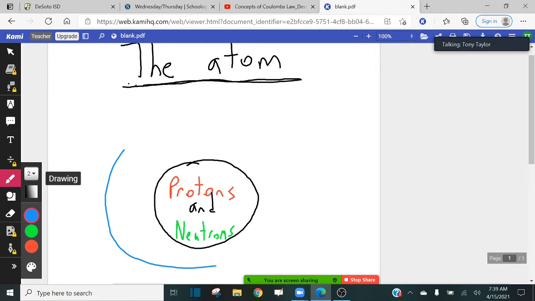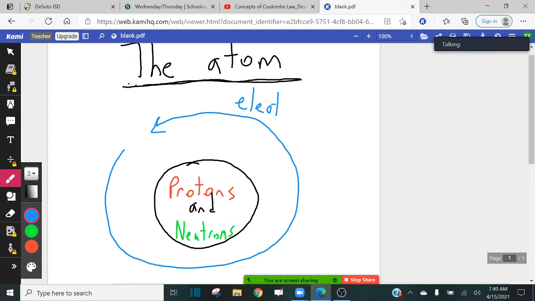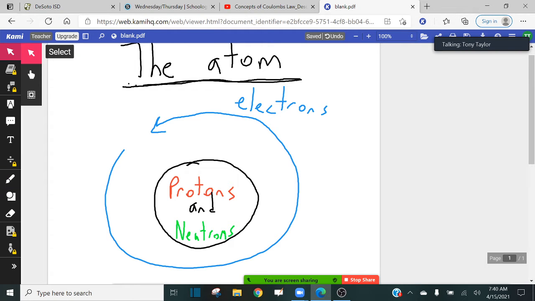So if you remember, electrons orbit the nucleus very similar to the way planets orbit our sun. So you can think of it that way: electrons orbit around the nucleus. Okay.